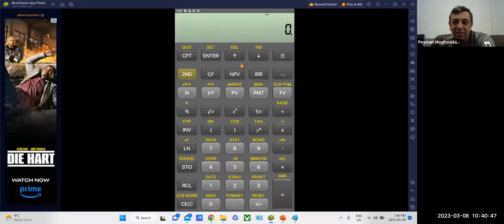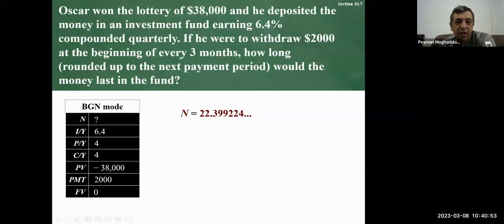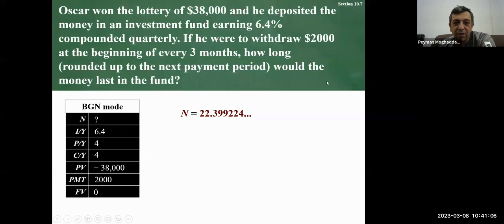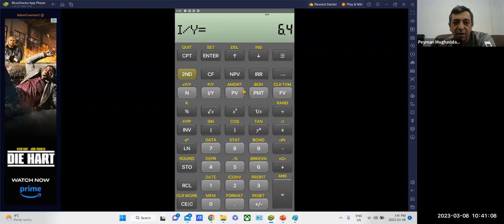So now let's do it one more time. $38,000 is going to be present value. $2,000 is going to be the negative-sign payment. Future value is going to be 0. 6.4% is I over Y, P over Y is 4 and C over Y is 4 as well, and also beginning mode. Compute N, yes, 22.39.